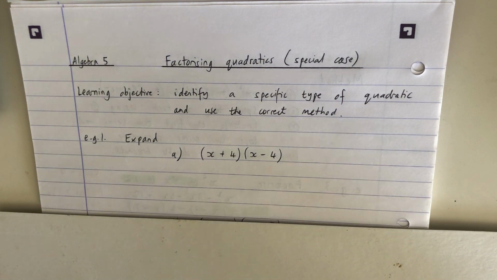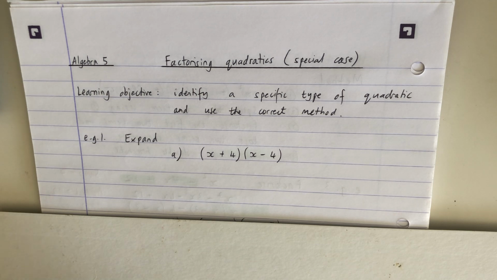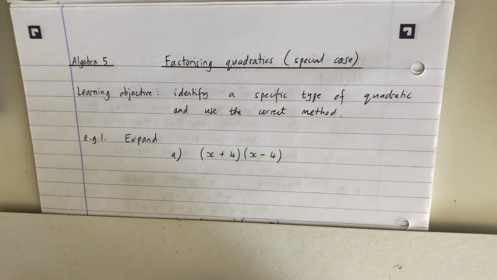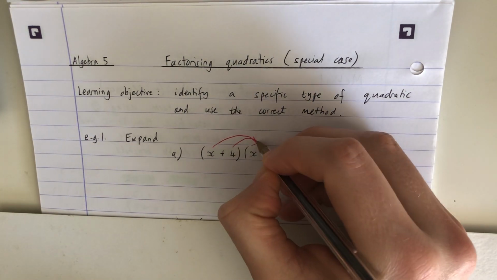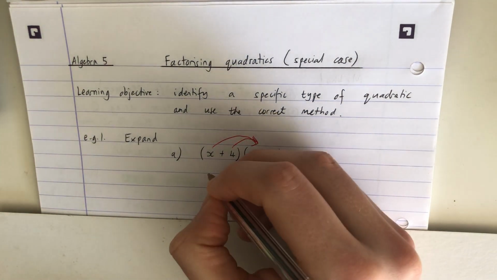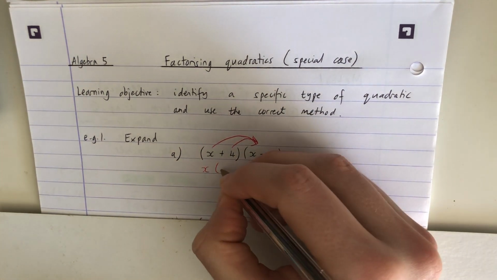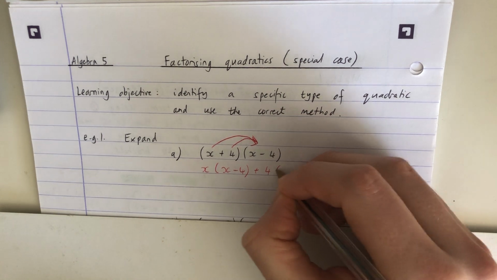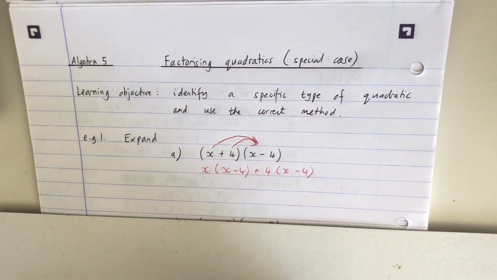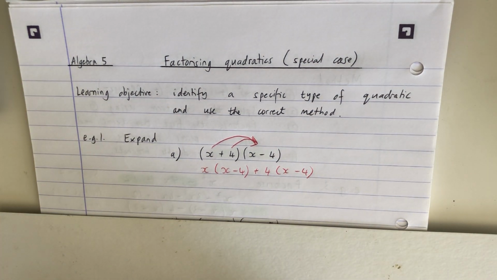So let's say we wanted to expand the bracket (x + 4)(x - 4). Then we should do first times second bracket, second times second bracket, to get x(x - 4) and then 4(x - 4) as a start.